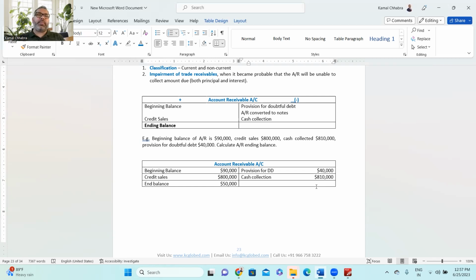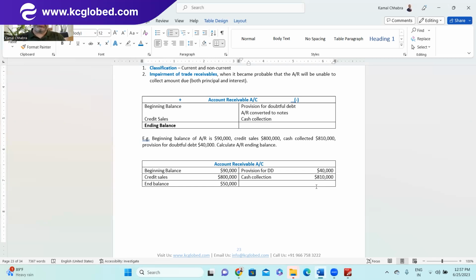So opening balance plus credit sales minus provision for doubtful debt minus account receivable converted into notes minus cash collected will result in the closing balance. This formula you need to mug up. This will definitely come in your exam, either in MCQ or in simulation.